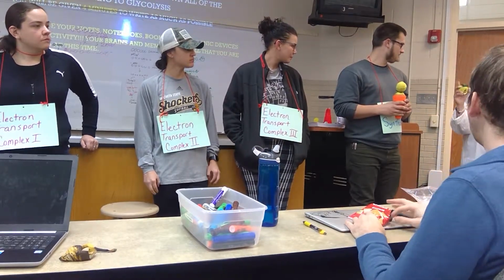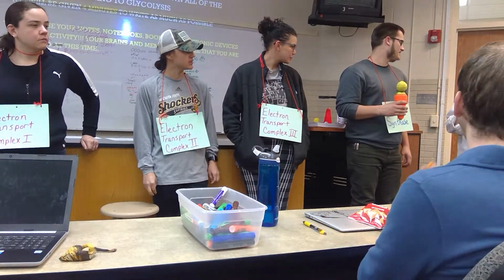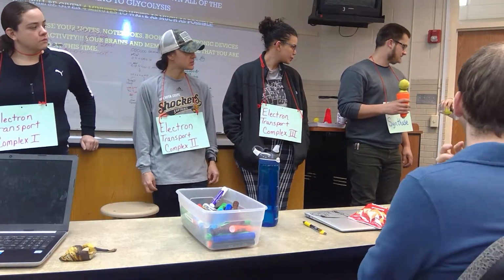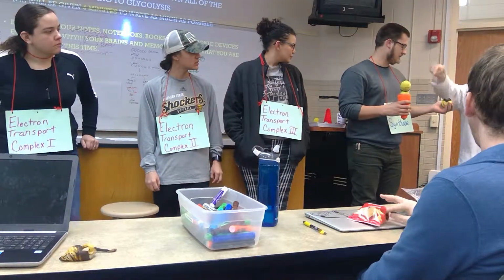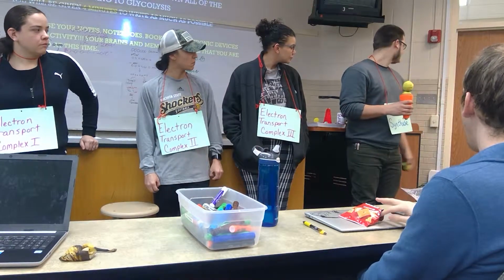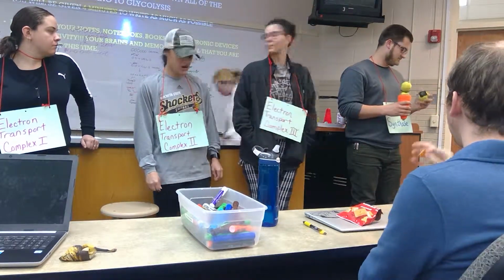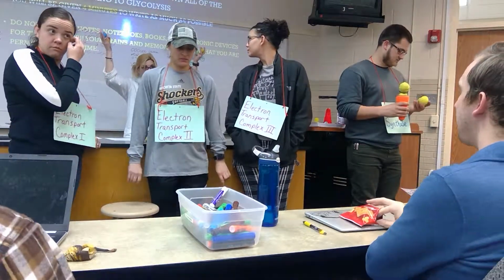ATP synthase. What does the name tell you? It synthesizes ATP. So it has two binding sites, the active sites: phosphate and ADP. Now here's what has to happen. All of these hydrogens that were pumped back here are dammed up.